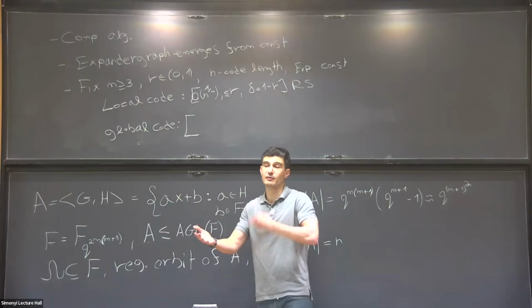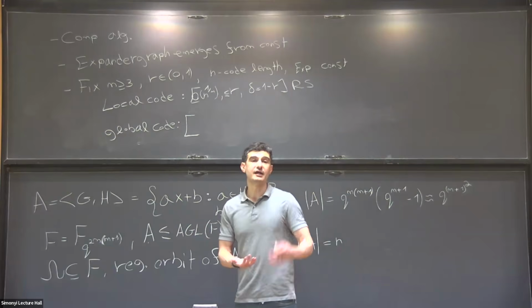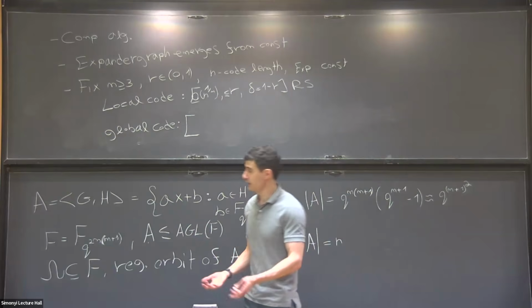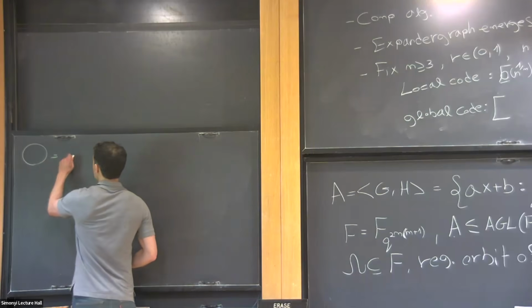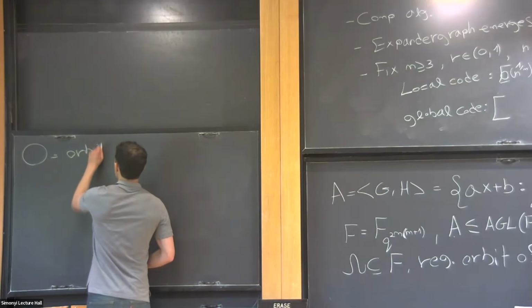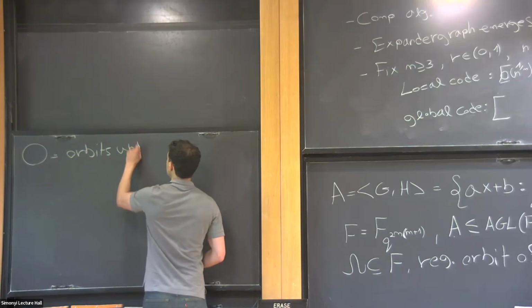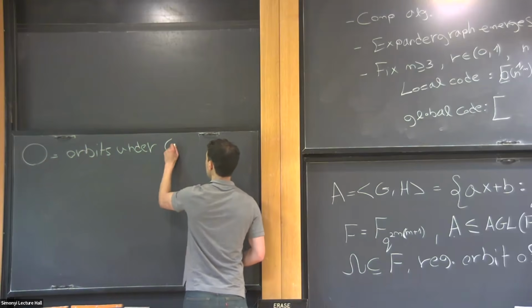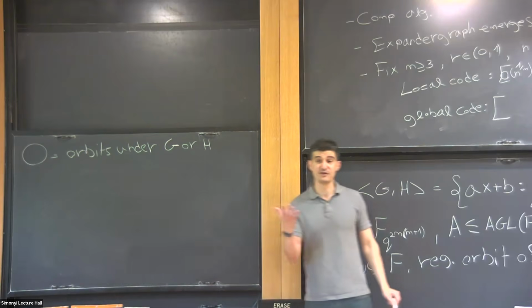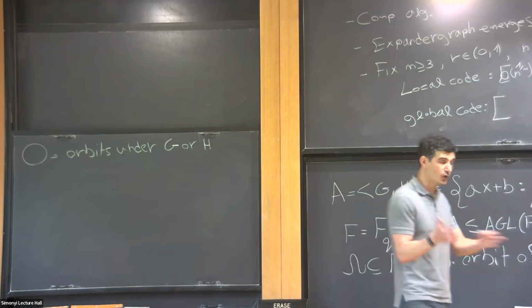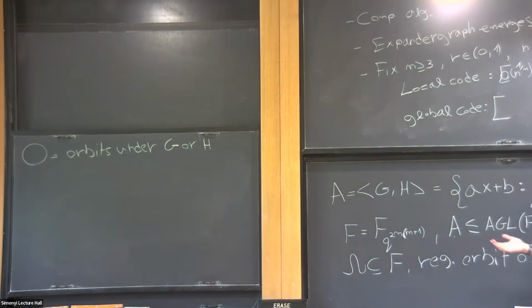There are orbits coming from the action of G, and orbits coming from the action of H. So we put all these orbits, under G or H, in one collection, one set.